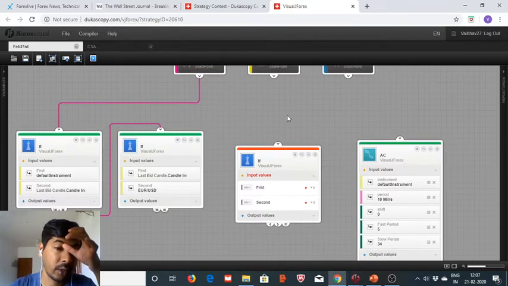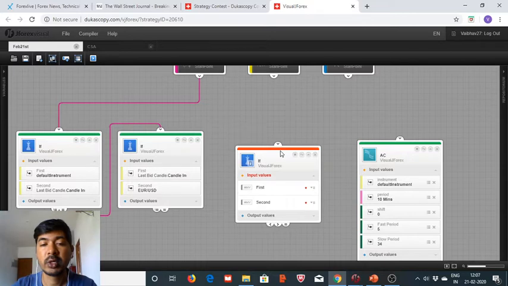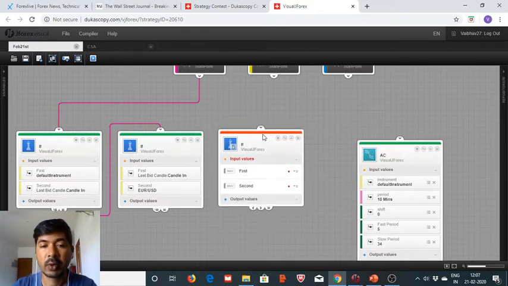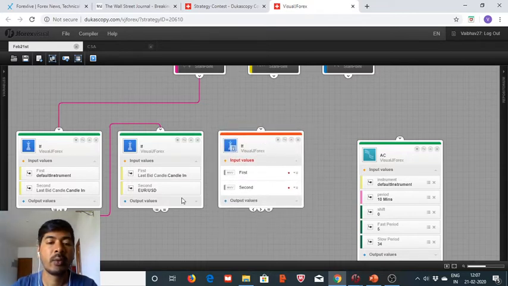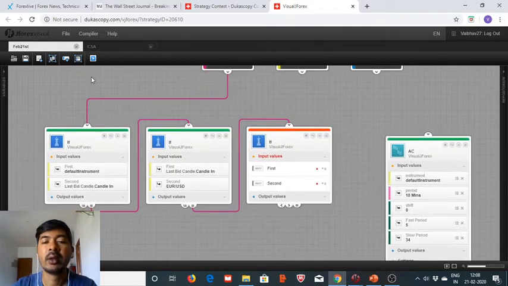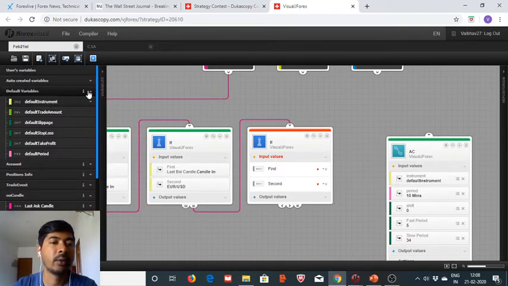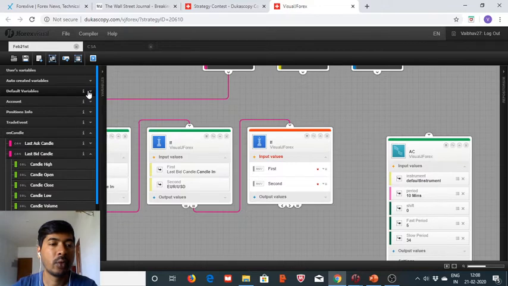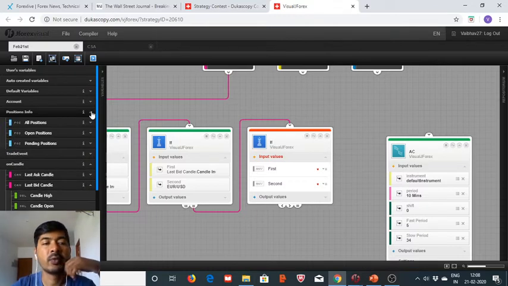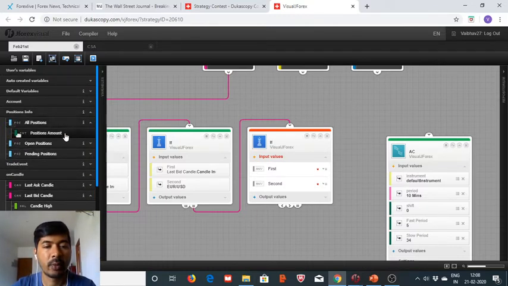And we also want only one position to be opened at a time. So what we do is we take the position amount and then we assign the zero value, so that a trade will open only when there is no open position. So let's go for the position info, and here we will go for all position amount.